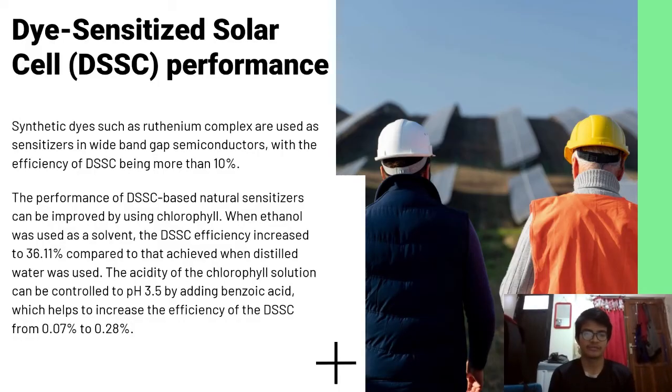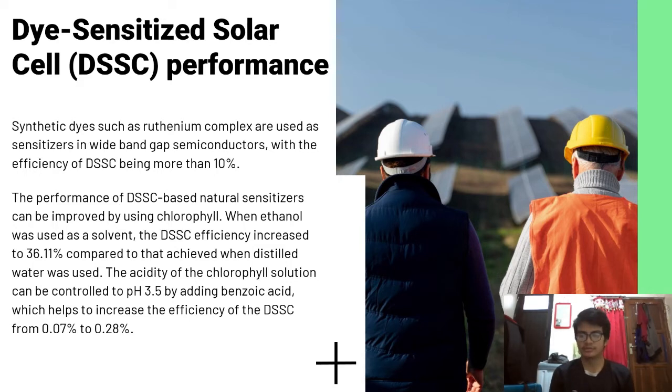Next is the improvement of dye-sensitized solar cell performance. Synthetic dyes, such as a ruthenium complex, are used as sensitizers in wide bandgap semiconductors, with the efficiency of DSSC being more than 10%. The performance of DSSC-based natural sensitizers can be improved by using chlorophyll.